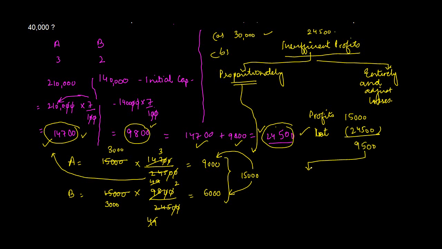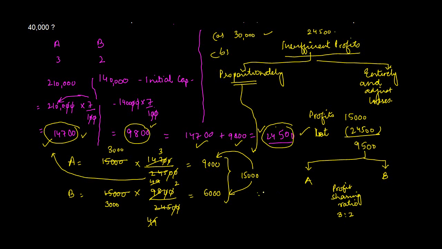Now this loss of 9,500 will be distributed between A and B, and this will be done in the profit sharing ratio, which is what? 3:2.